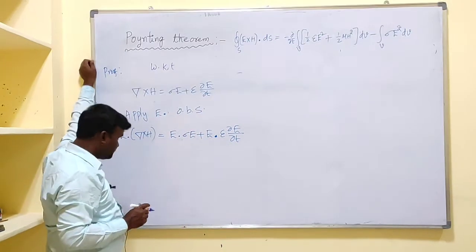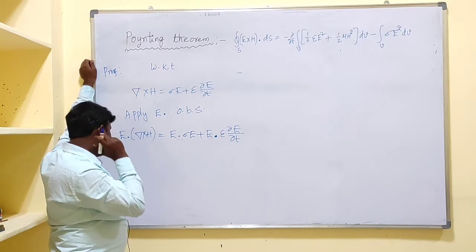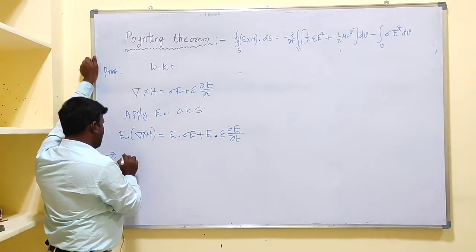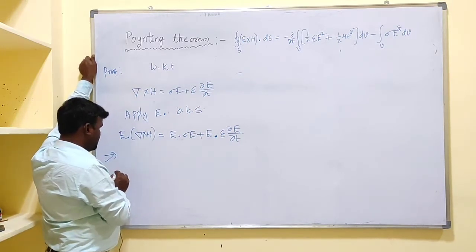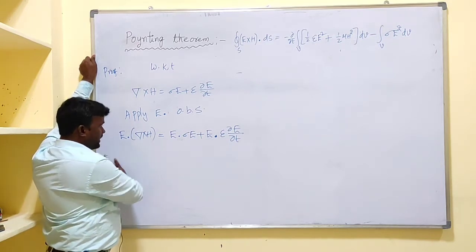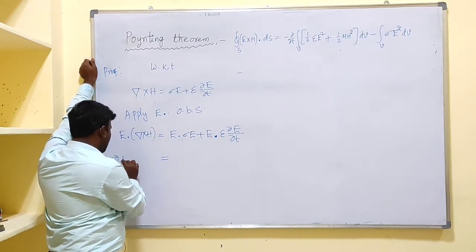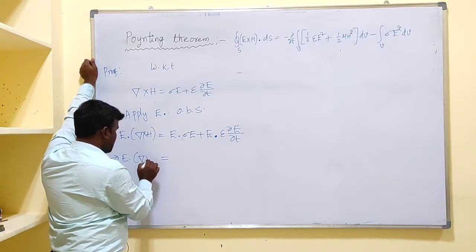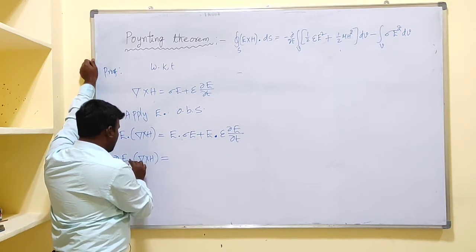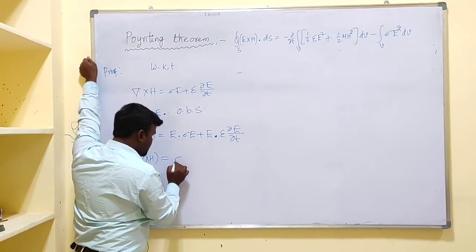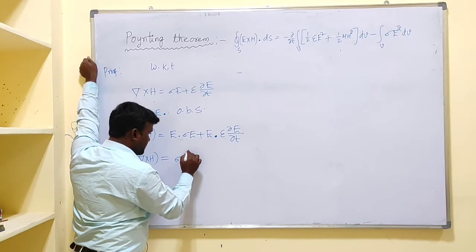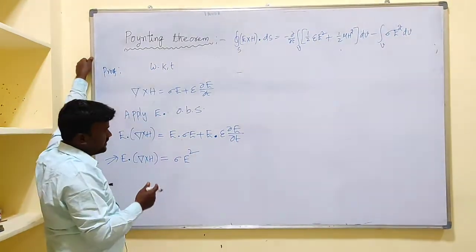Now this can be written like this, that is E dot del cross H. Sigma is constant, and E dot E is nothing but E square, since A dot A is A square.